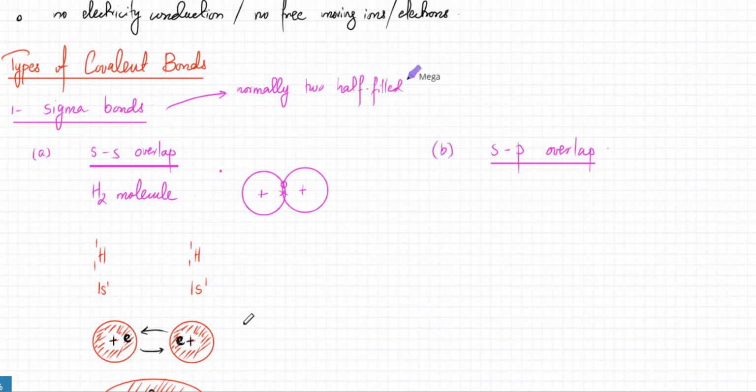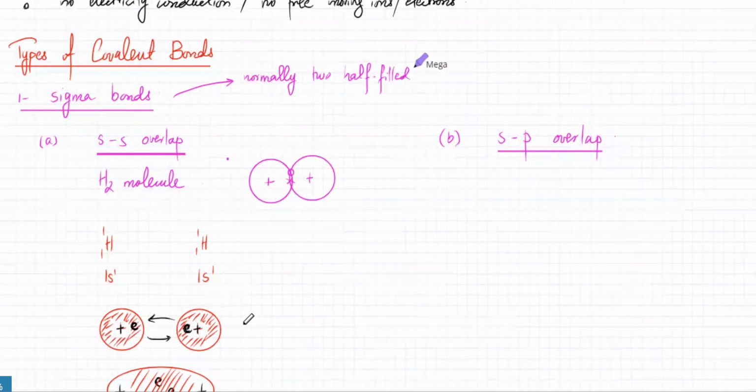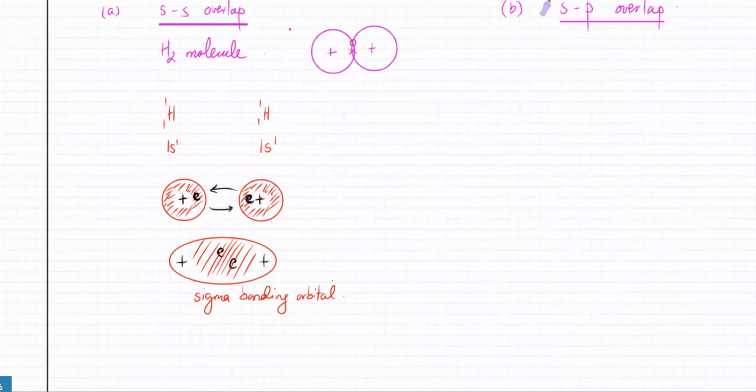The orbital has to be partially empty. If hydrogen had two electrons over here, then it wouldn't need electrons from the other atom, because it doesn't have any room for further electrons. So the orbitals must be half filled, or they must be empty. There must be room for electrons.